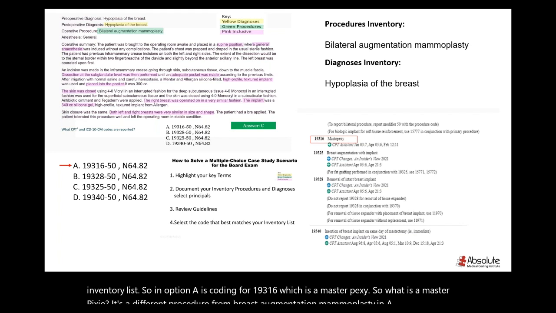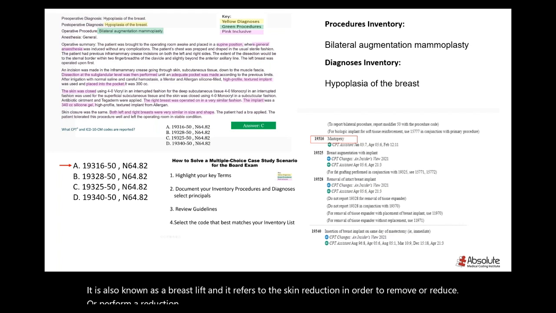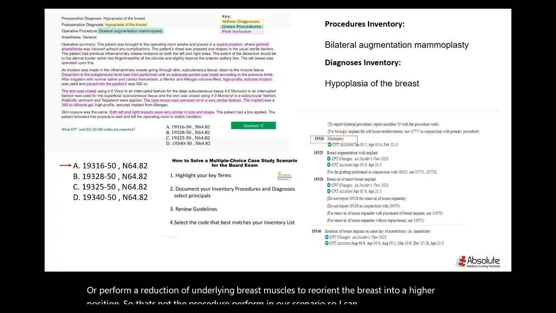A mastopexy is also known as a breast lift, and it refers to skin reduction, or a reduction of underlying breast tissue, to reorient the breast into a higher position. So that's not the procedure performed in our scenario. So I can eliminate option A.